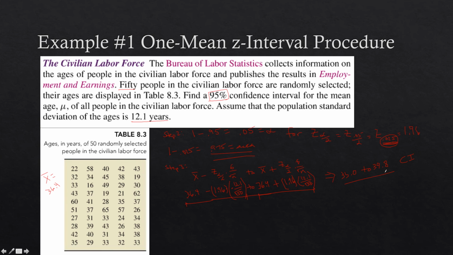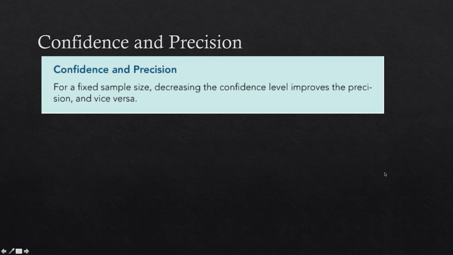All right, so confidence and precision. Okay, for a fixed sample size, decreasing the confidence level improves the precision, and vice versa. Decreasing the confidence level increases the precision.